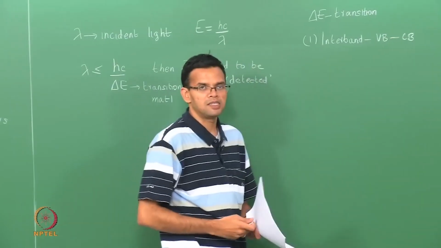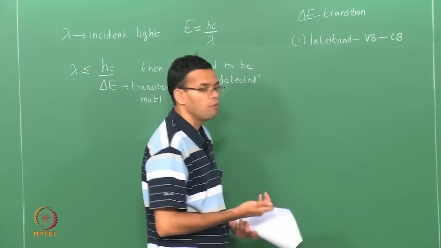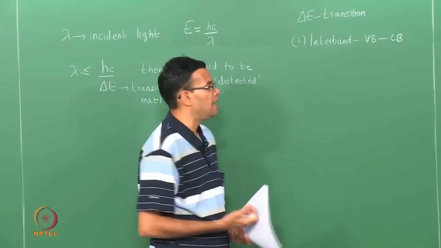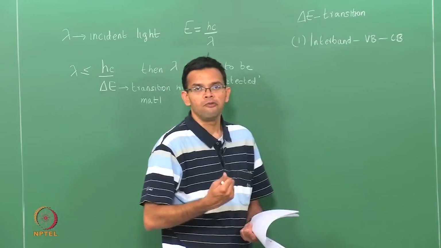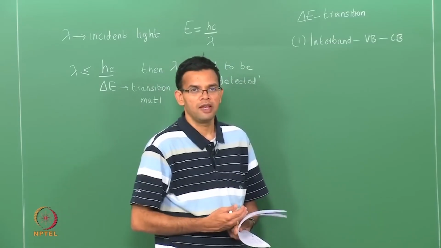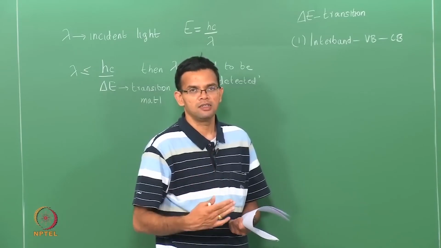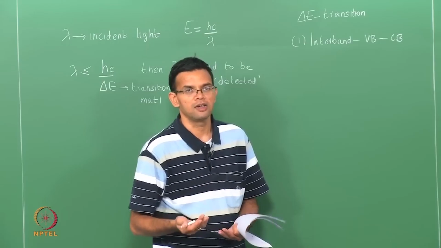That is the simplest and most common form of transition. So, for example, if your material is gallium arsenide, then you will absorb light of energy greater than the band gap, so that an electron gets excited from the valence band to the conduction band.